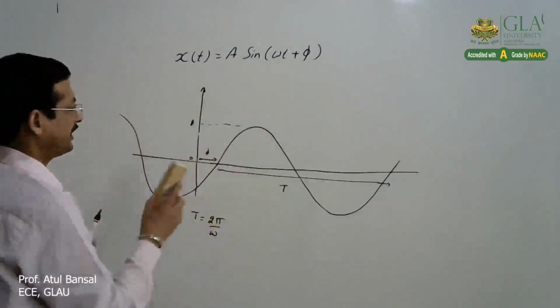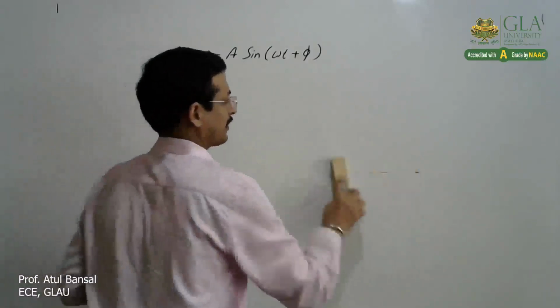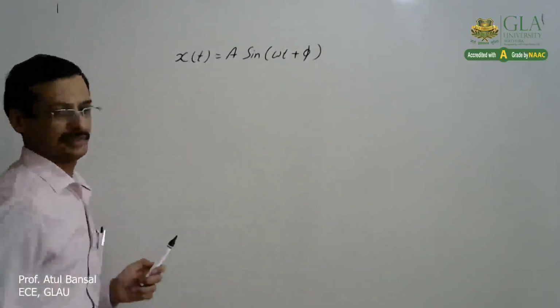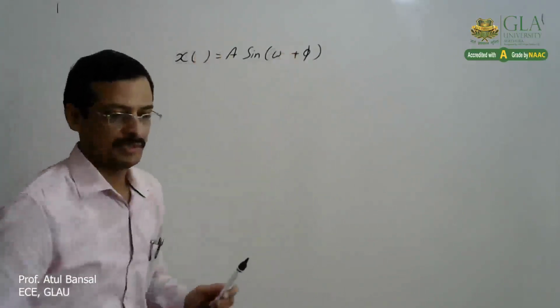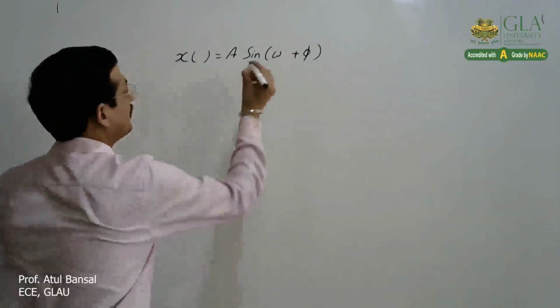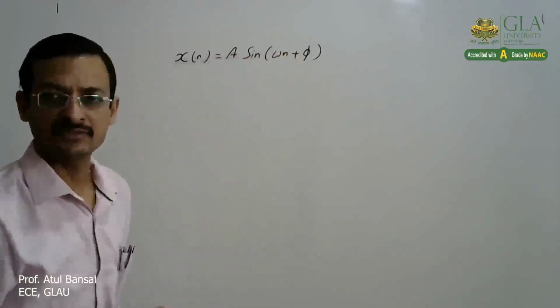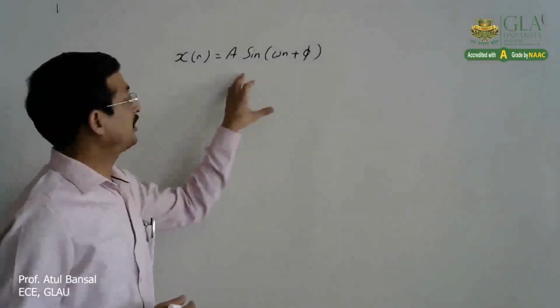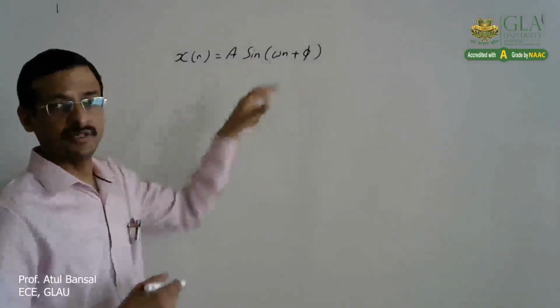In case of discrete time, the signal can be x[n] equals A sine(omega n plus phi). So here again, the maximum amplitude is A and the independent variable is n.